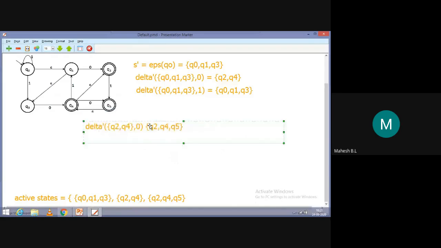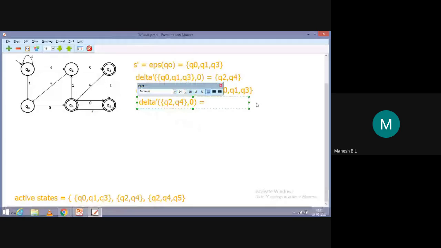So this is equal to this. So Q2, Q4, Q5 is a new element of active states.